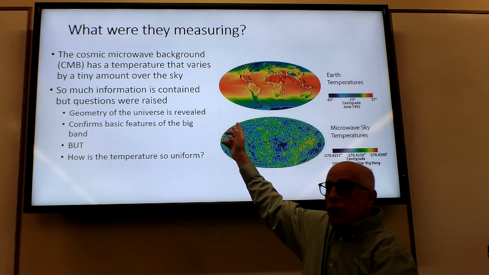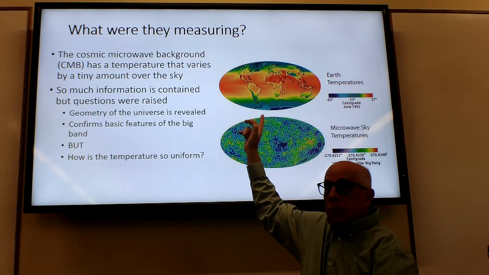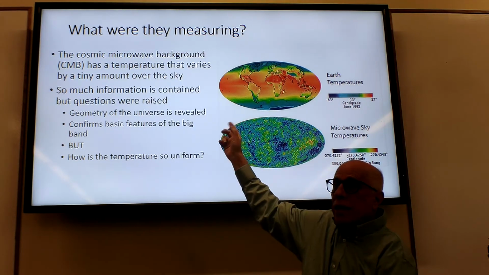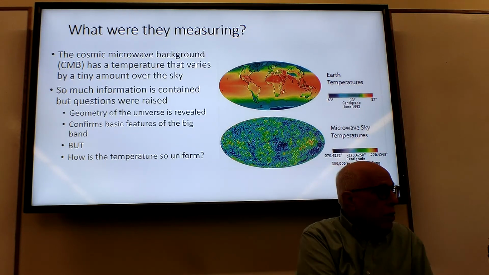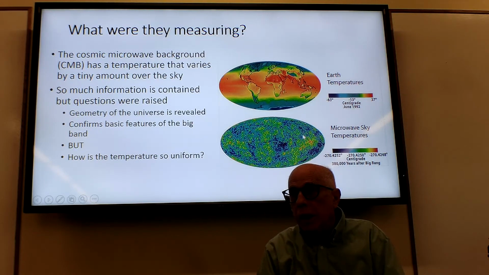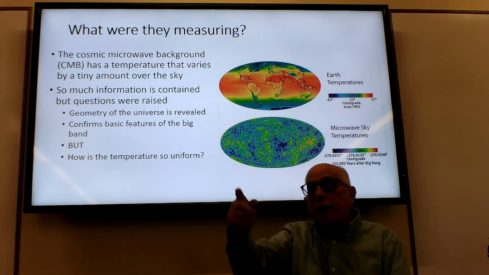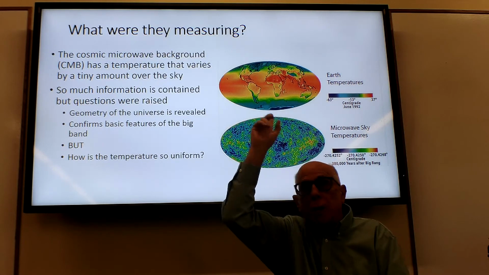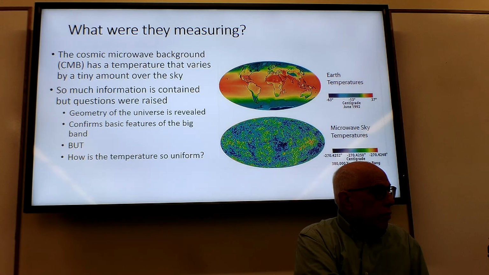So there are two messages here. One, heat maps can be useful. And second, this shape is important, and the cosmic microwave background is always shown using what looks like a Mercator projection. If we pick a spot, let's say any spot on the sky, and we call that north, right here, the opposite direction is south.